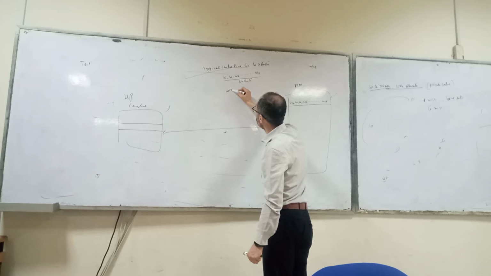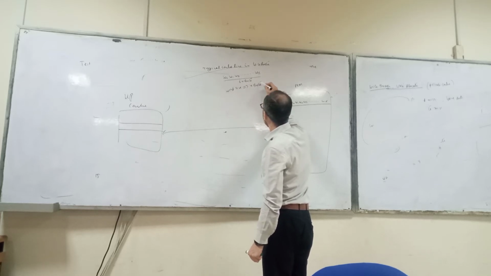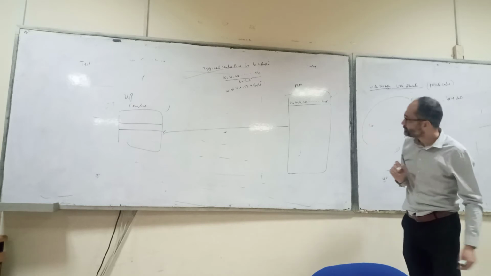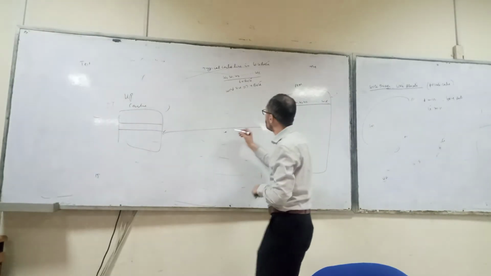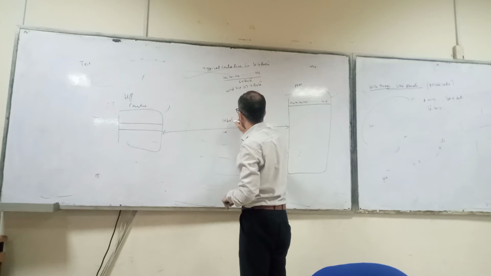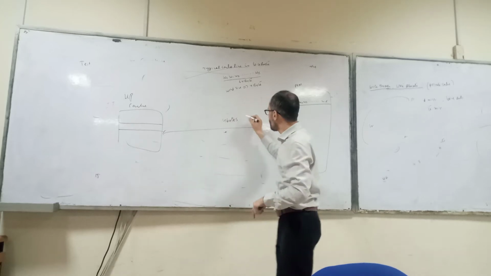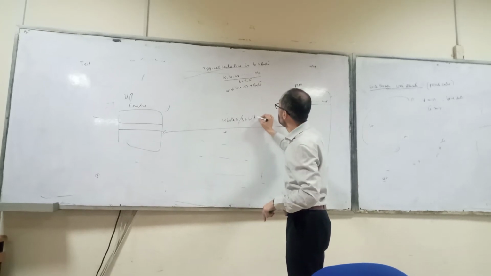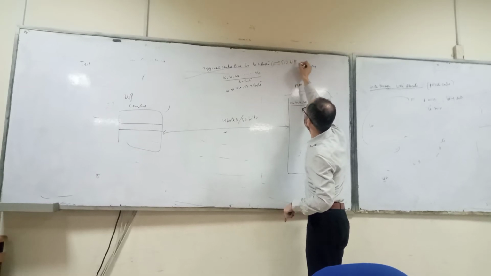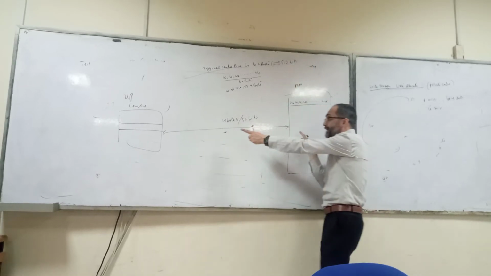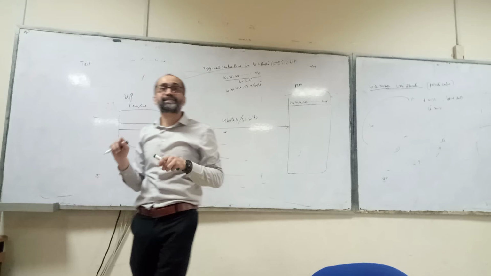What is the word size? 4 bytes. And let's assume the size of the bus is equal to the word size. So the size of the bus is 4 bytes, which is 32 bits. What is the cache line size? 512 bits. But the size of the bus between the cache and the main memory is limited.